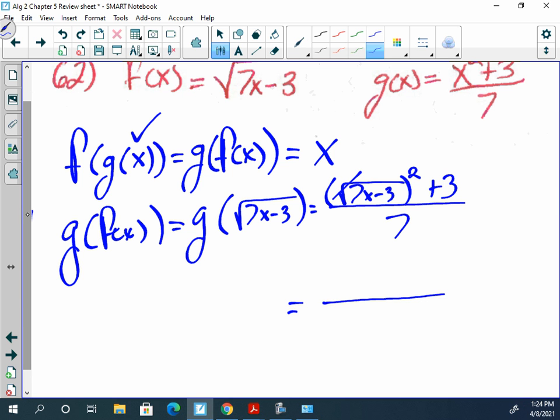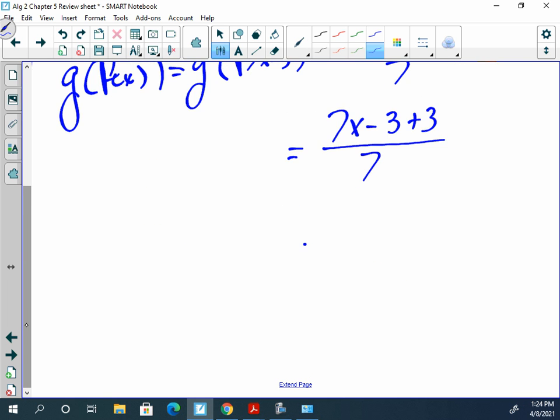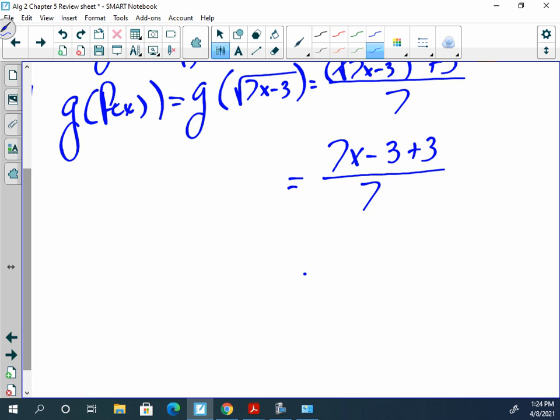Now, as we know with square roots and squares, the square root and square would cancel, leaving us with 7x minus 3 plus 3 divided by 7. Any questions on this so far?